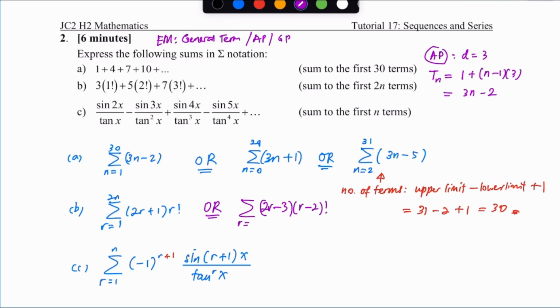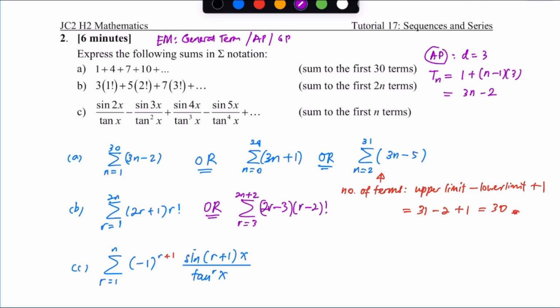Then this one would be r starting with 3, and the upper limit 2n plus 2. You add by 2, so the upper limit also needs to add by 2. If the lower limit adds by 2, the top limit adds by 2, but the expression is not plus 2. The expression is more often than not the opposite. So the easy way is to hook r equals 1 and try to find the 1.